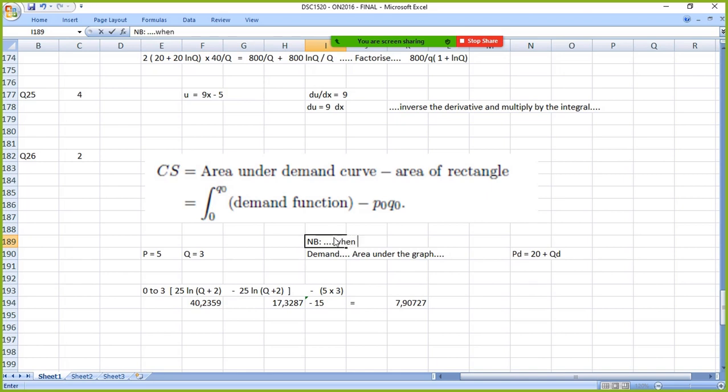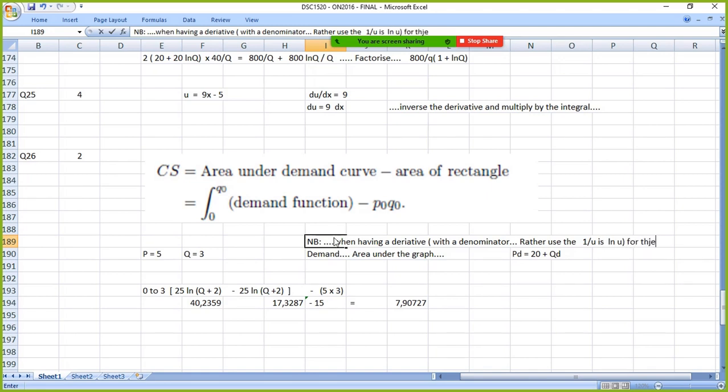Okay, when having a derivative bracket with a denominator, rather use the 1 over u is ln u.